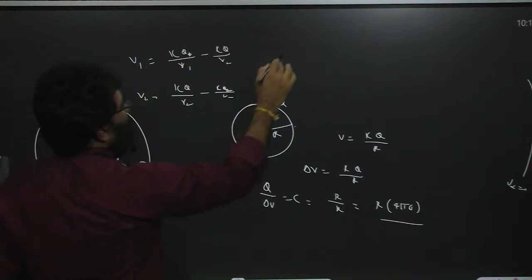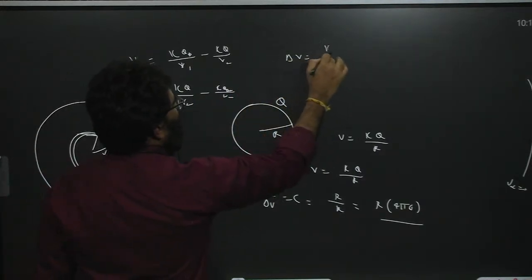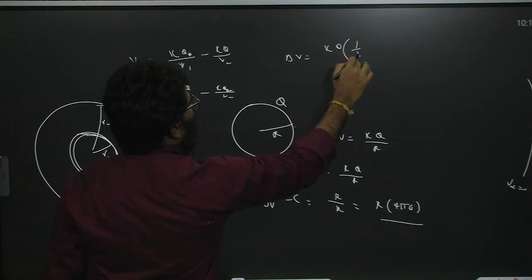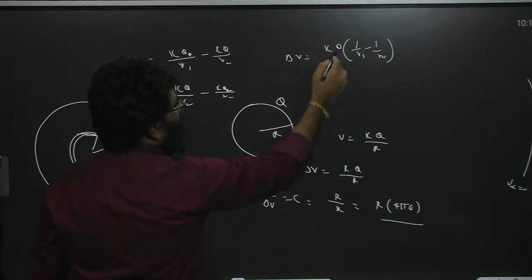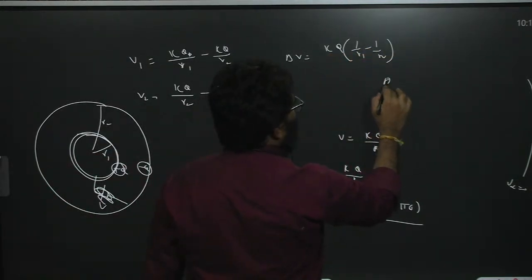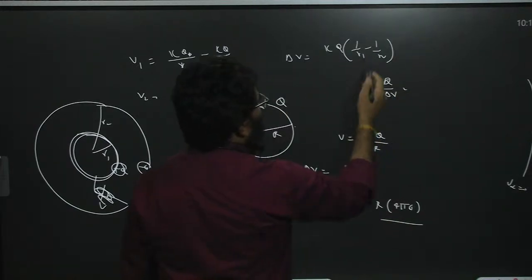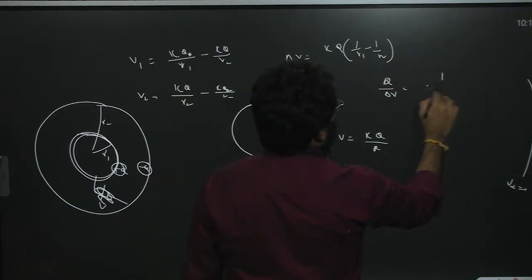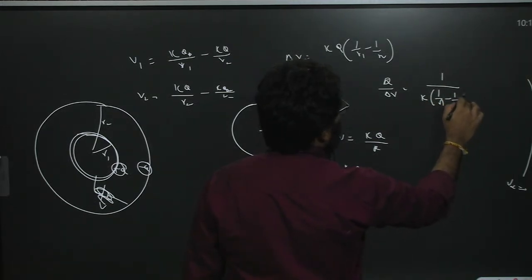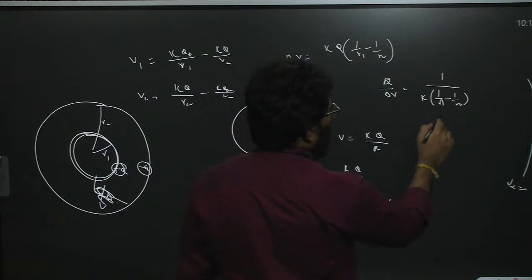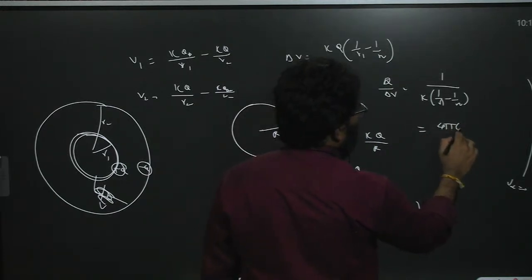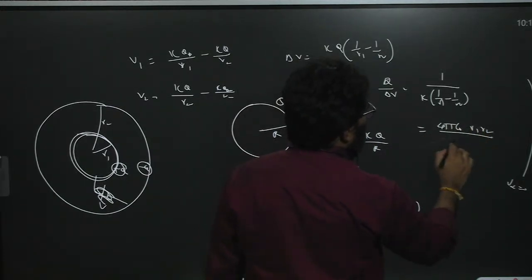So the potential difference delta V is equal to K Q times 1 by R1 minus 1 by R2. So Q by delta V is 1 by K times 1 by R1 minus 1 by R2. Substituting, you get 4 pi epsilon naught R1 R2 by R2 minus R1.